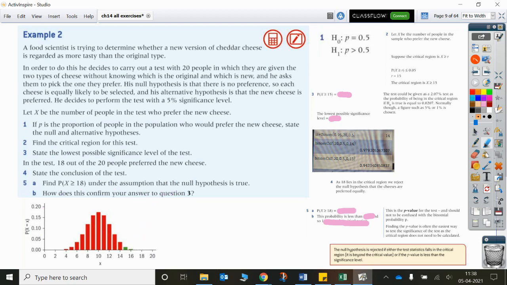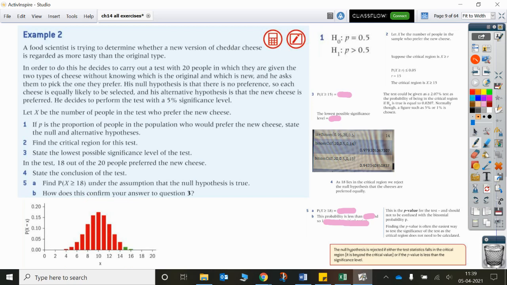And that's the reason why we talk about the 5%: it's a 5% significance level test. If we were looking for a 10% significance level test, that would change the critical region. The critical region is basically the number of people we would require to prefer the new cheese in order to say this is significantly different from the original idea of the distribution.